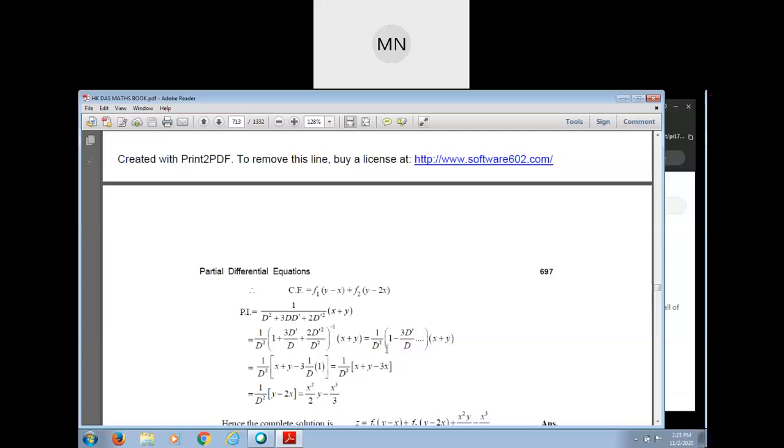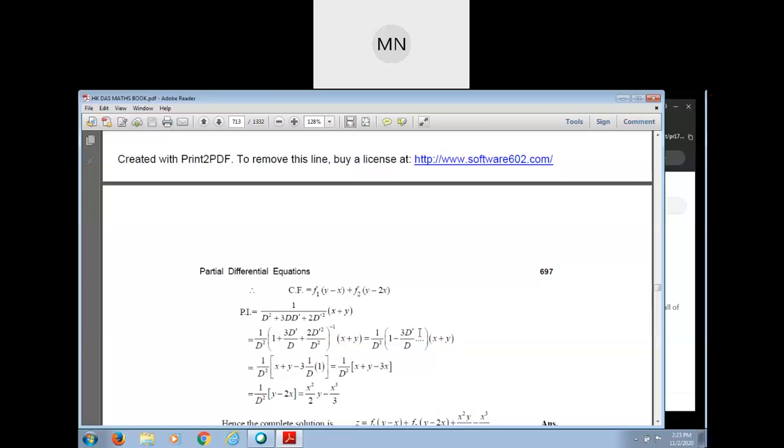Now multiply this with x plus y. First, 1 is multiplied with x plus y, which gives x plus y, and then minus 3 times 1 by D into D dash. D dash is del by del y, and capital D is del by del x. I have already told you.